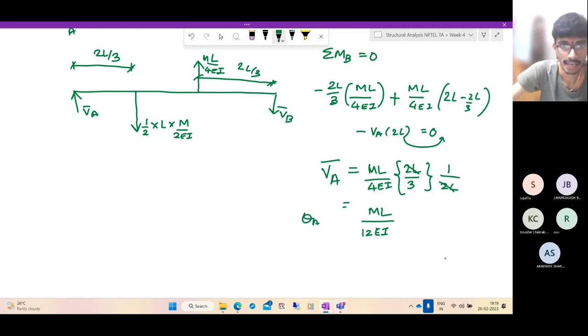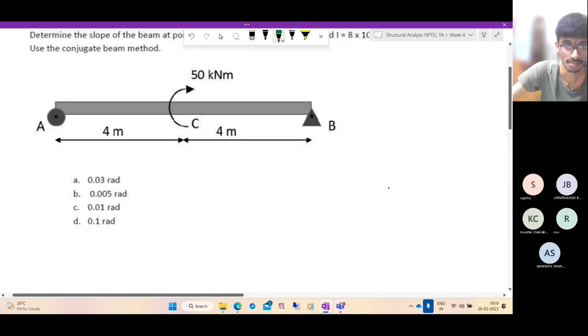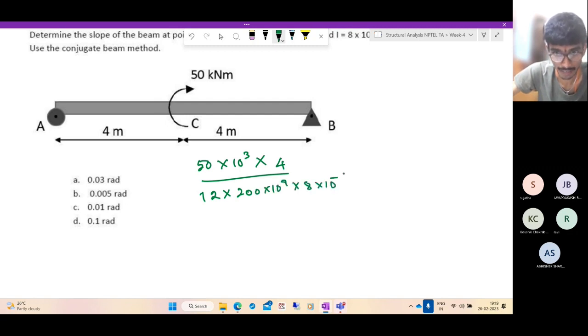So what is it? M is 50 into 10 power 3. L is 4, by 12 into E is 200 into 10 power 9 into I is 8 into 10 power minus 6. So 50 into 4 is 200, 200 gets cancelled.